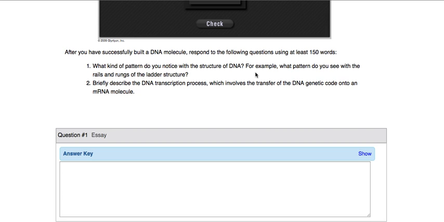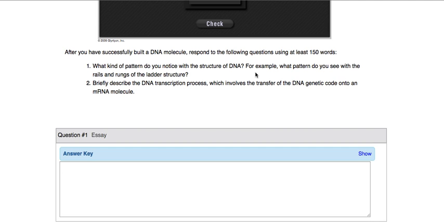And then the second question is: briefly describe the DNA transcription process, which involves the transfer of DNA, the genetic code, onto a messenger, an mRNA molecule. So again, going back in the notes, you're going to look at DNA replication. You're going to look specifically at transcription all the way up to and including translation. There's 3 paragraphs.